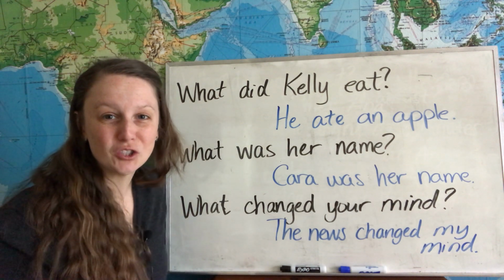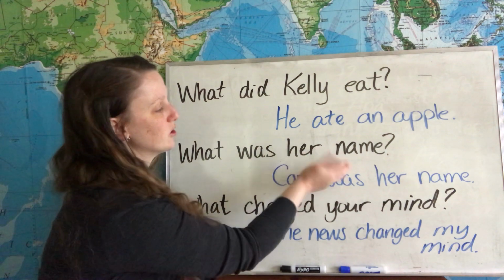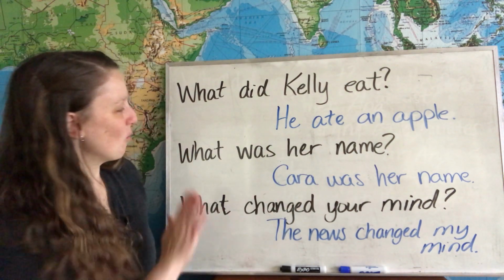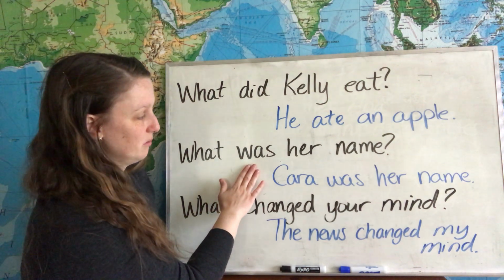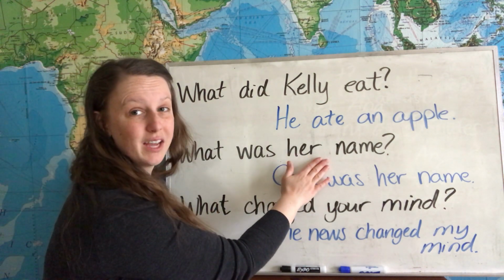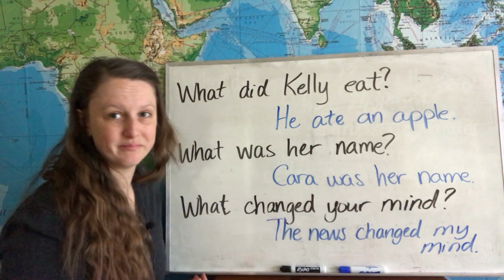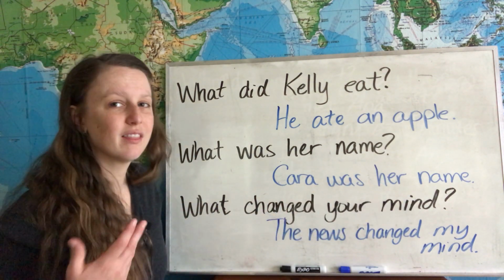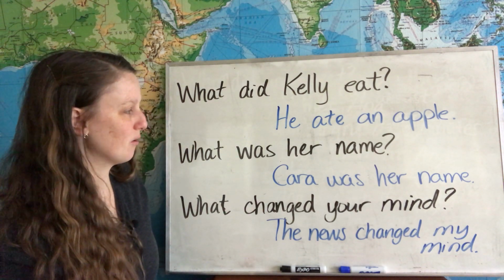Our next example shows a question with a be verb. What was her name? We have what, be verb, and her name. What was her name? Kara was her name. Okay, so this is very similar to our yes/no question.